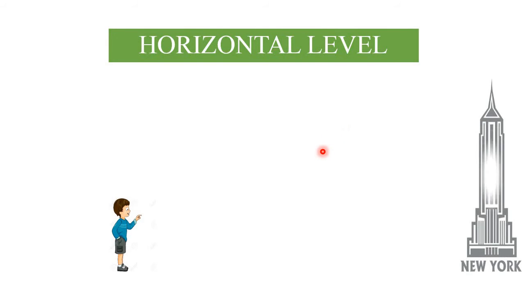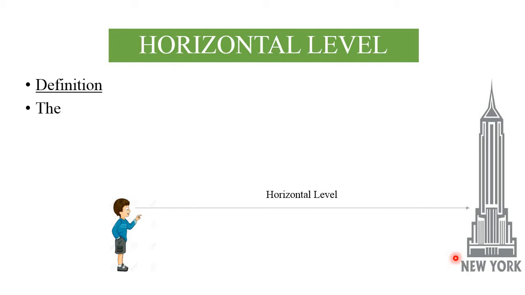What is horizontal level? In this figure, the observer is viewing the tower horizontally to the ground. It is called horizontal level.